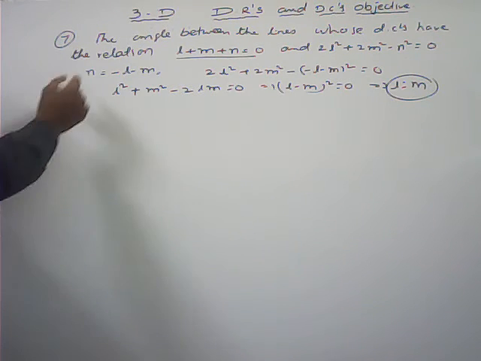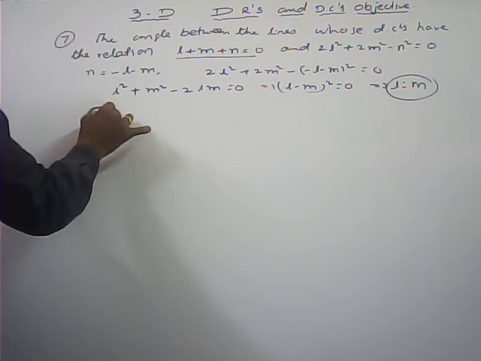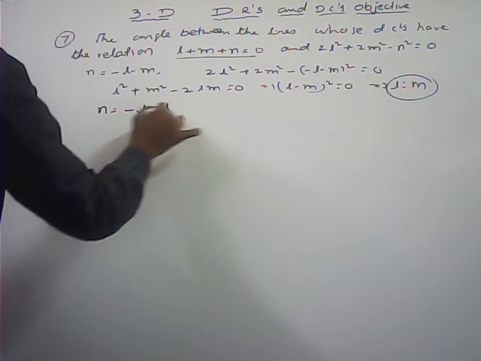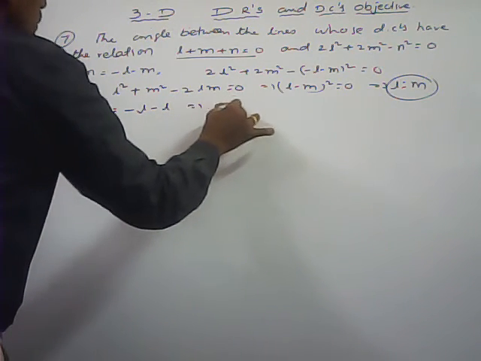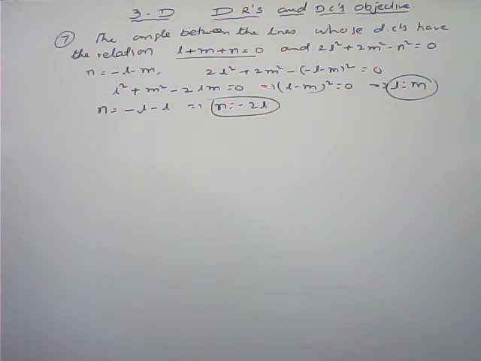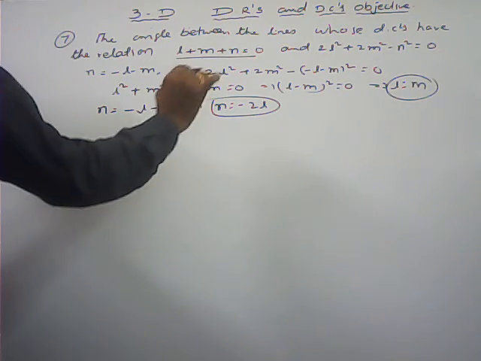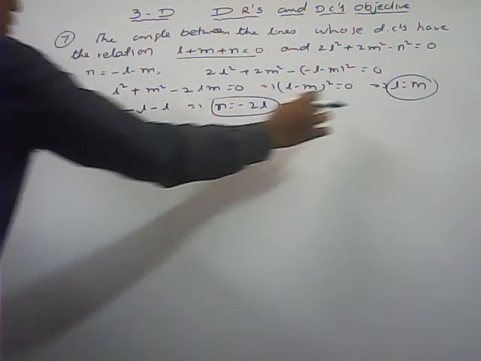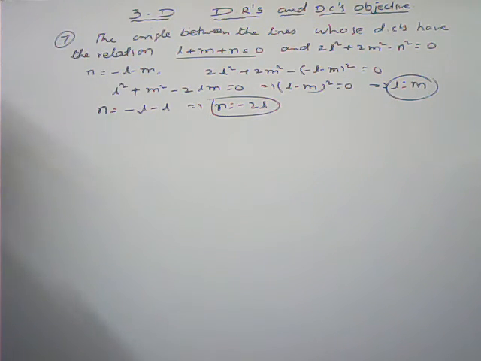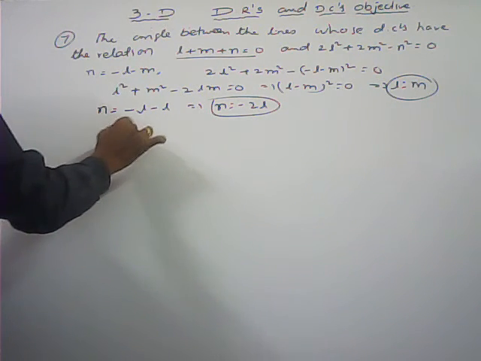So if I substitute here, N is equal to minus L minus M, M is equal to L only. So N is equal to minus 2L we got. Here we are not getting any cases. We got the relation between L and M, and the relation between L and N. So what is the condition here?